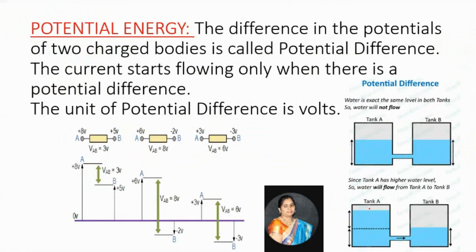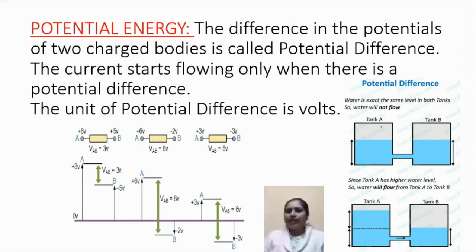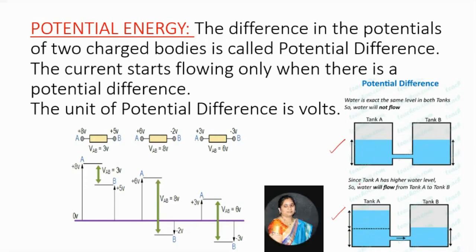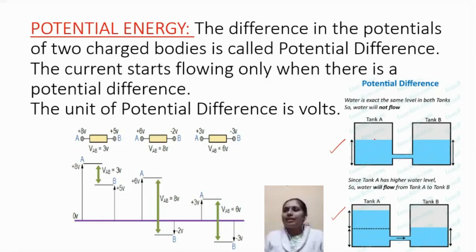In this figure, if you observe, there are two tanks A and B. What is the difference between the first figure and the second figure? In the first, the level of water in tank A is equal to the level of water in tank B. That means when there is an equal amount of pressure on both tanks, there won't be any flow of water from one tank to another.